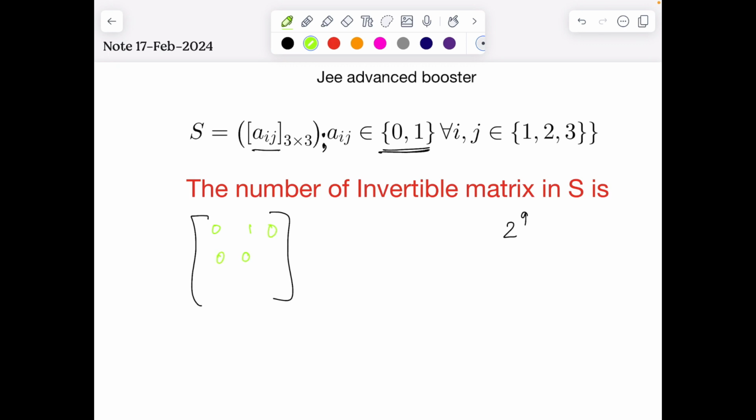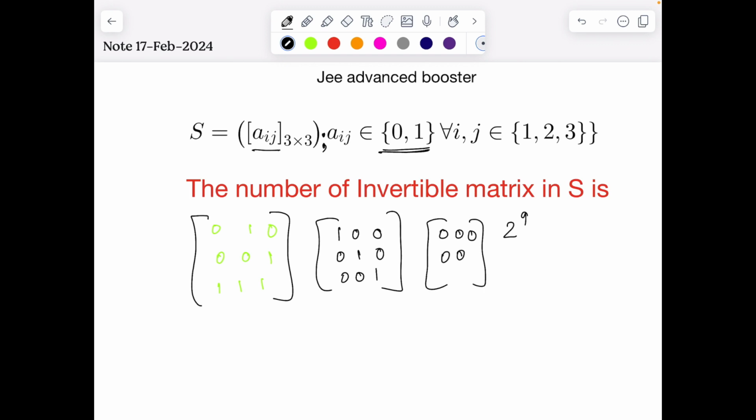For example, you can have 0 1 0, 0 0 1, 1 1 1. This is one such matrix. The identity matrix is part of this set, even the null matrix can be there, or all entries can be 1.